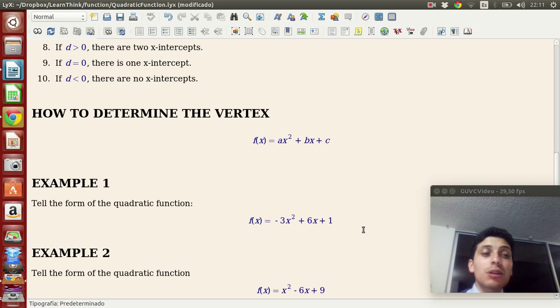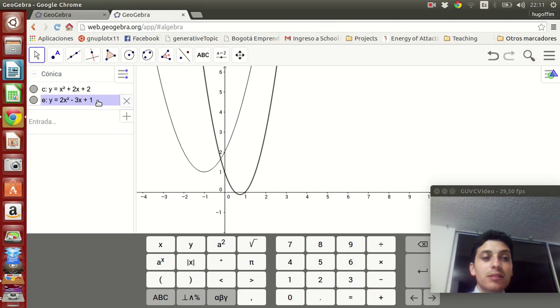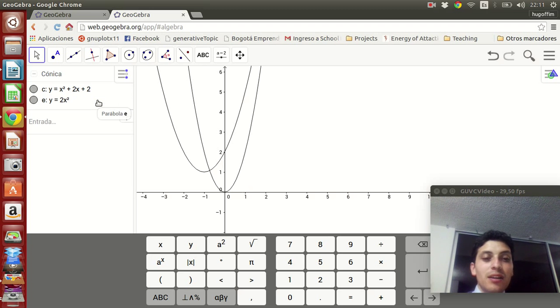Why ax squared plus b? Here we can see that the function x squared, plus anything, has its vertex here. So the vertex is at the line x equals 0.